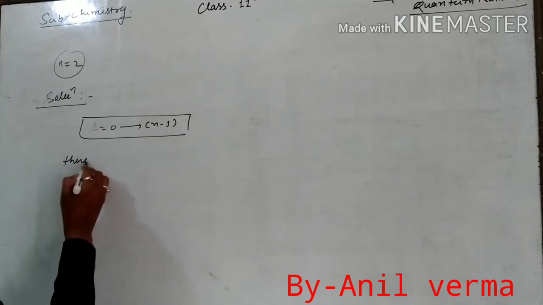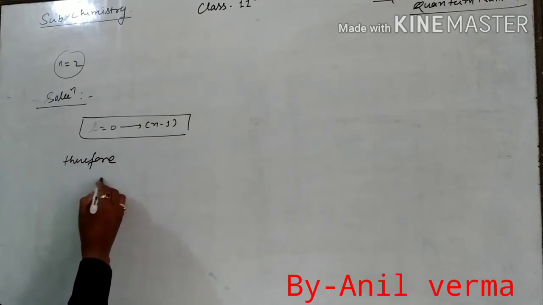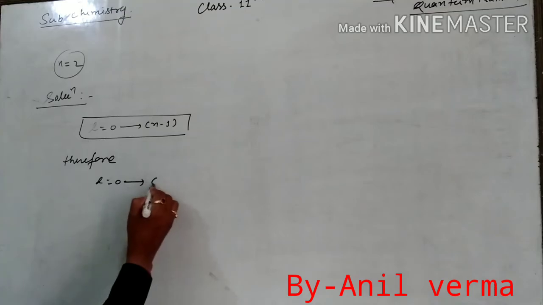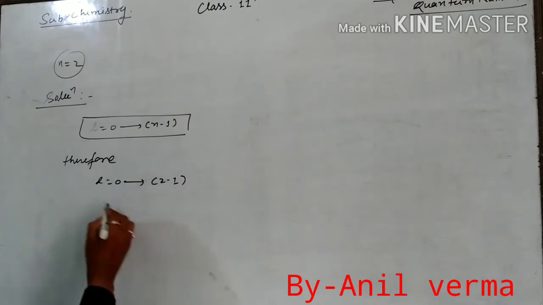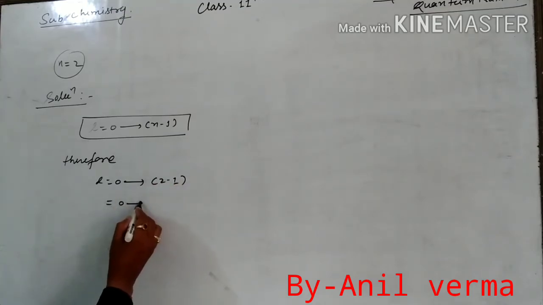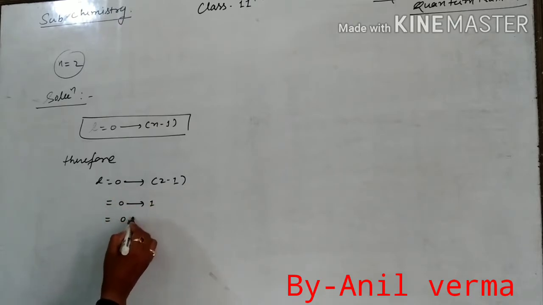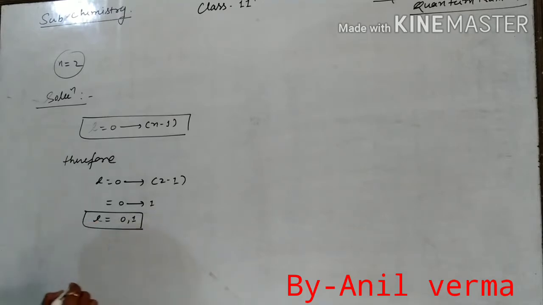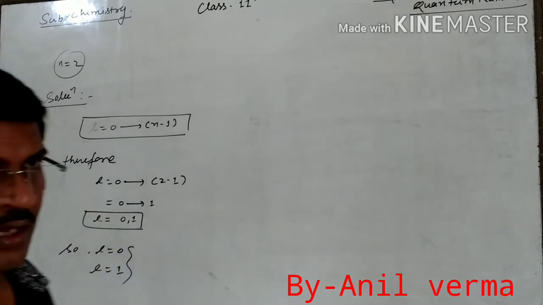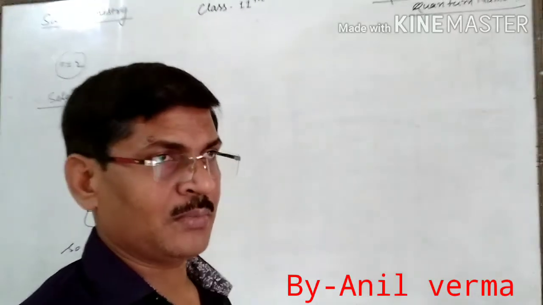Therefore, l is equal to 0 to 2 minus 1. It means 0 to 1, or you can say 0 and 1. These are the values of the azimuthal quantum number. So l is equal to 0 and l is equal to 1. These are the two values of the azimuthal quantum number.